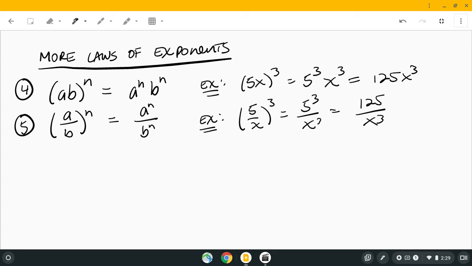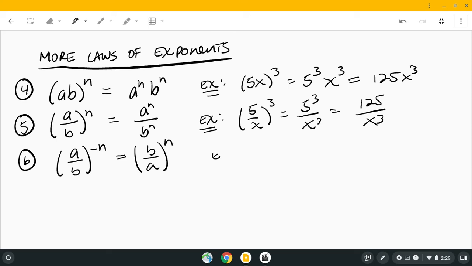And then with negative exponents, if you have something like a over b to the negative n, then when you have negative exponents, you end up taking the reciprocal. Here that would switch this, and that exponent now becomes positive.